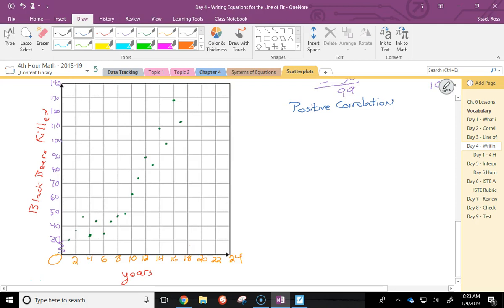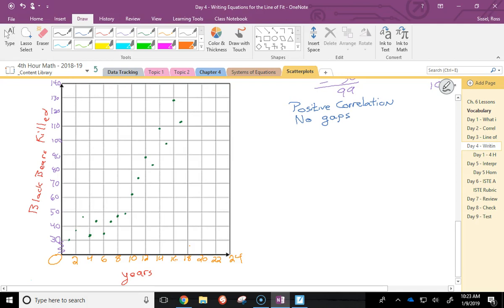Are there any gaps in our information? No, I don't really see any gaps, so I'm not going to put anything, or you could say no gaps. How about any outliers? Doesn't look like it. If I look at my trend, it looks like we're going up like this.